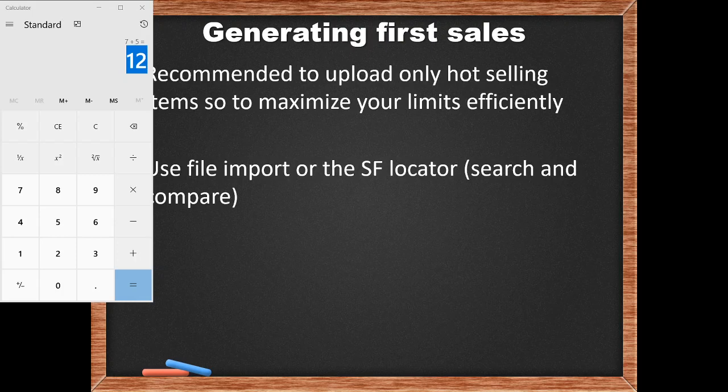Most of you who watch this video right now probably only have one eBay store. So you have the time. You can afford to take the time to really do the research and upload only hot selling items, so you can maximize your limits efficiently, right? You don't waste them, and you get sales.